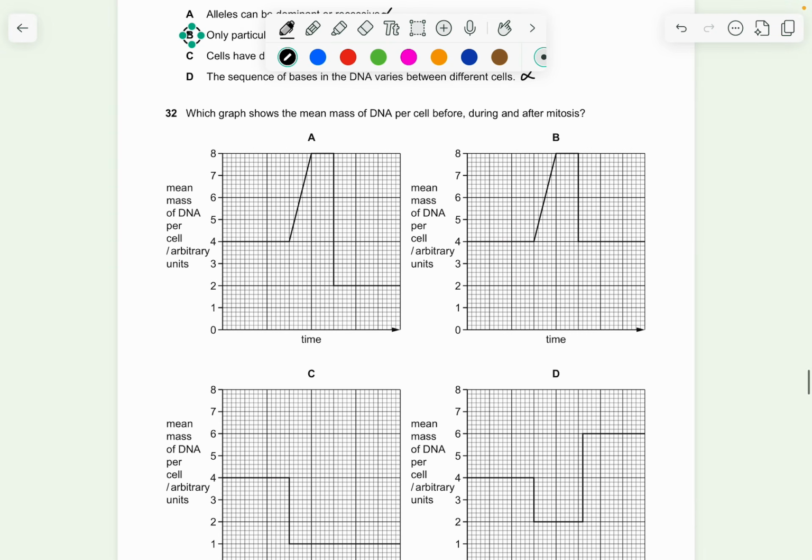Alright, question 32. Which graph shows the mean mass of DNA per cell before, during, and after mitosis? They tell you about the mean mass of DNA. This is actually a tricky question if you see it at first.